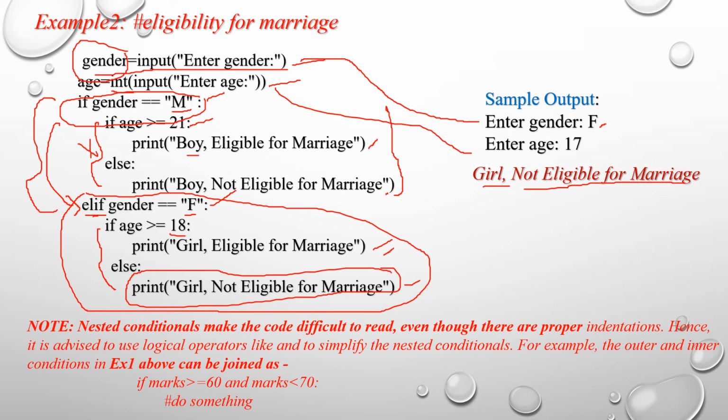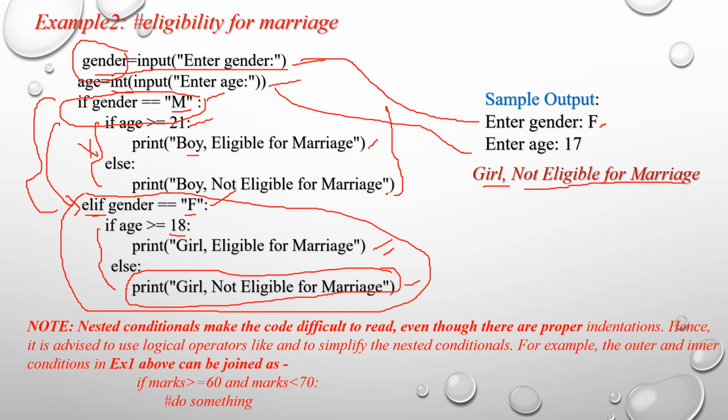Note that nested conditionals make the code difficult to read even with proper indentation. Hence, it is advised to use logical operators like AND to simplify nested conditionals. For example, the outer and inner conditionals in example 1 above can be joined as: if marks greater than or equal to 60 and marks less than 70.